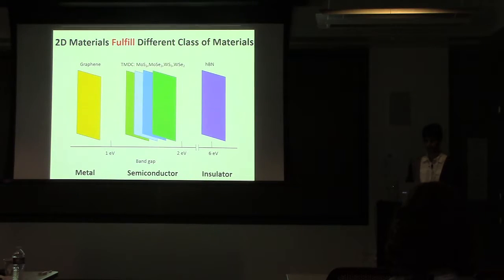The third interesting aspect of these materials is that they are atomically thin. However, they interact really strongly with light. For instance, molybdenum sulfide, having 6 angstrom thickness, can absorb up to 10% of the solar spectrum, which is really amazing.